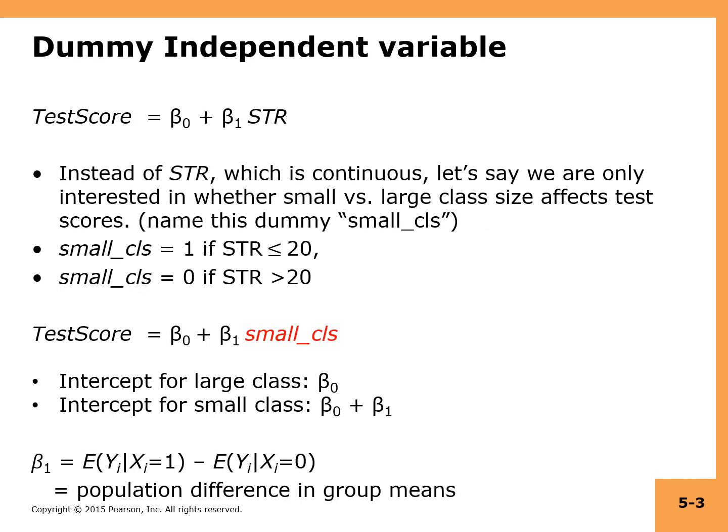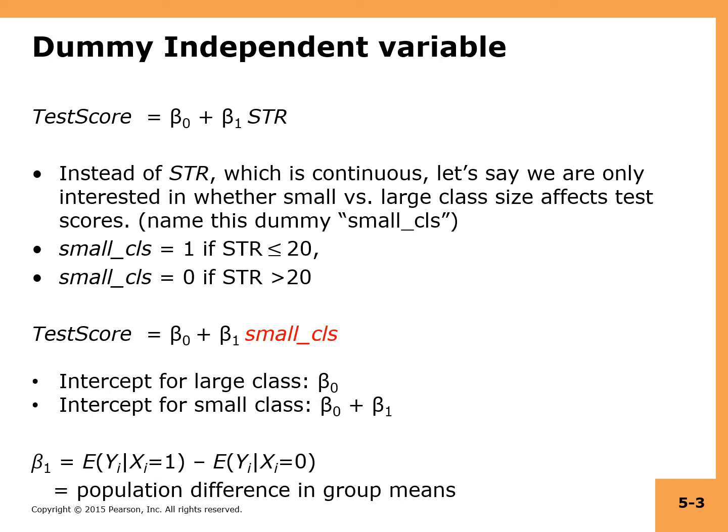Let's go back to the policy question, where the student-teacher ratio and test scores were both continuous variables. Let's say that now we're only interested in whether small or large class size affects test scores.